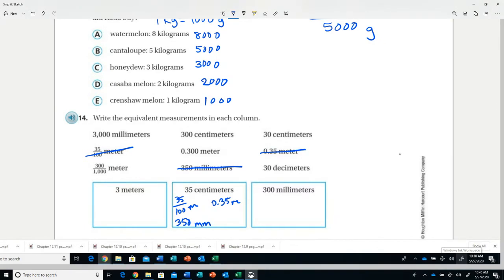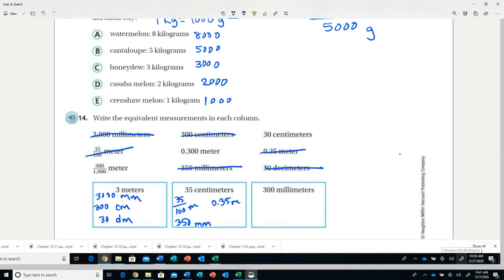If 1 meter is 1,000 millimeters, then 3,000 millimeters is 3 meters. 300 centimeters is 3 meters. 100 centimeters, 1 meter. 30 centimeters, definitely not over here. 300 over 1,000 meters, 300 of a meter is not going to go there either. 30 decimeters. 10 decimeters to the meter. 30 decimeters is 3 meters. Which pretty much means everything else better be 30 millimeters.